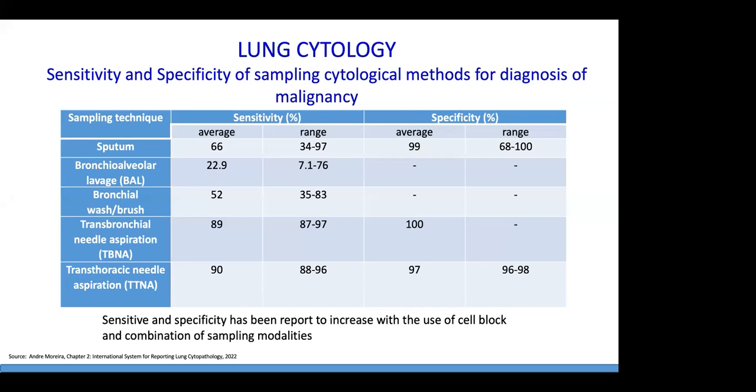As you can see, for example, bronchoalveolar lavage has a very low sensitivity to detect lung cancer. It's the opposite for fine needle aspiration cytology, transbronchial or transthoracic, which have high sensitivity and high specificity to detect lung cancer. So these different methodologies have some implication in the risk of malignancy in the different categories of the system, as I will show later.